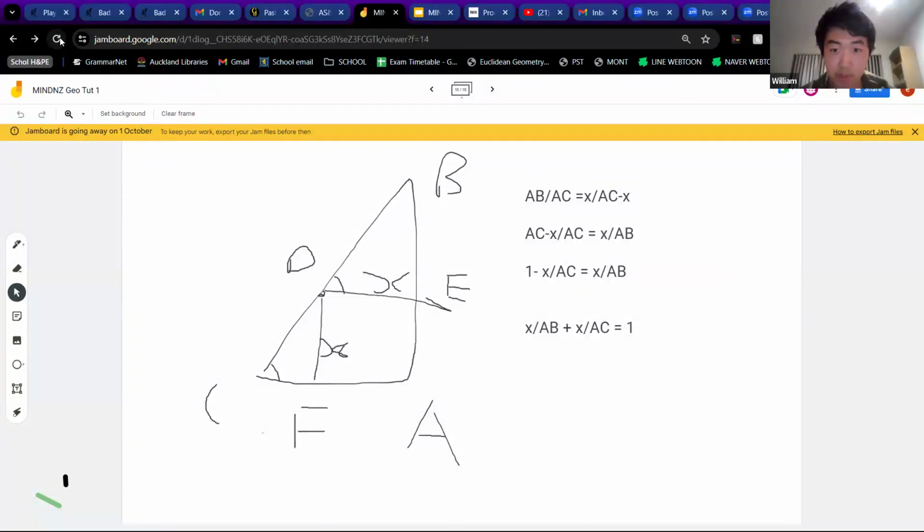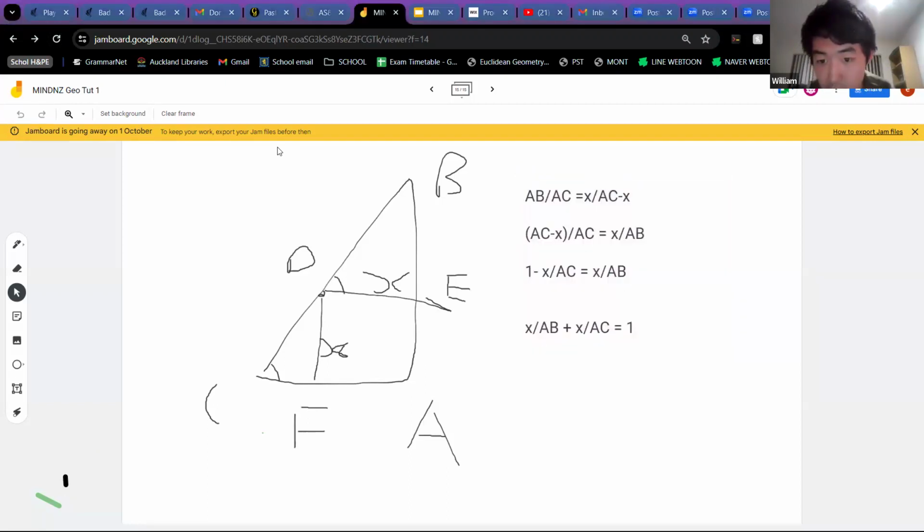What I've done here is take the first equation, which I found earlier using similar triangles, and I'm rearranging these terms to give the final equation. Any questions? No questions.